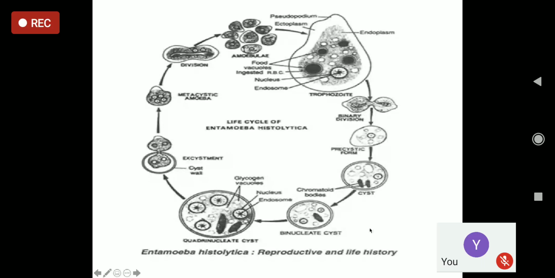That content will come out with our stool, and the patient will have blood and mucus mixed stool, and the clinical entity for this is called dysentery.